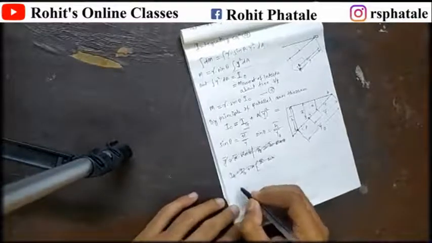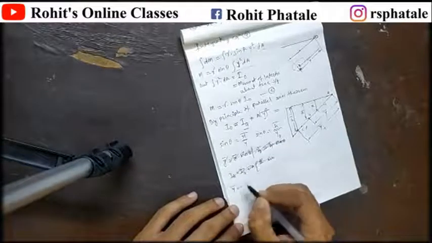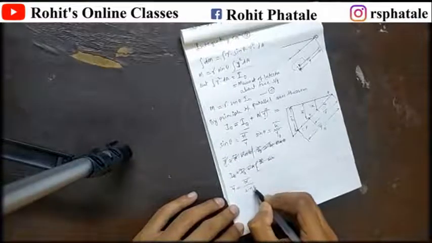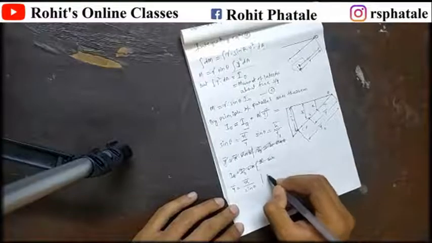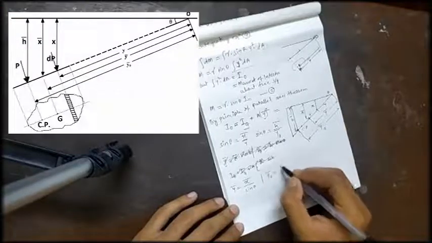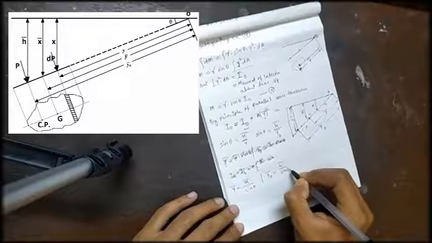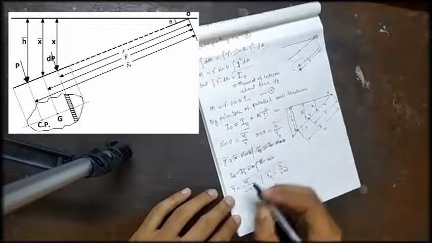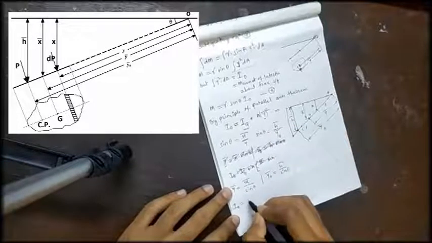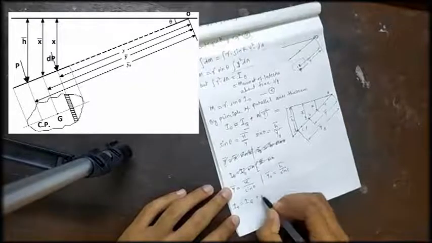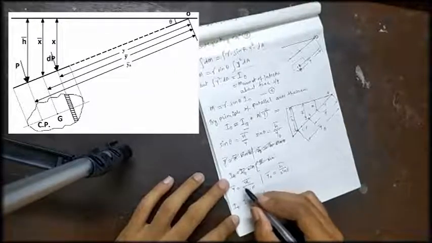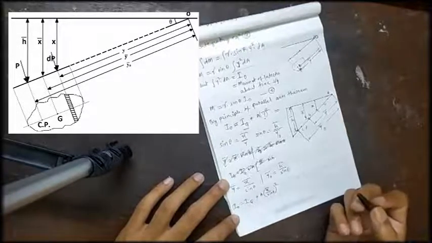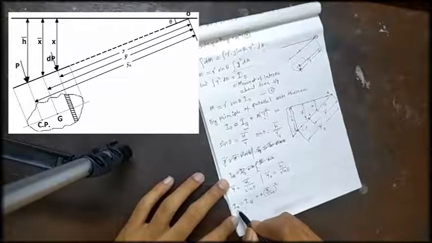So after taking this, y bar will come over here and sine theta will go below this x bar, okay, and yo bar is equal to h bar upon sine of theta, okay. Now we can put this y bar in this equation. So we will get IO is equal to IG plus A into, now instead of y bar we can put x bar upon sine of theta and square, okay. So this is our equation of IO.